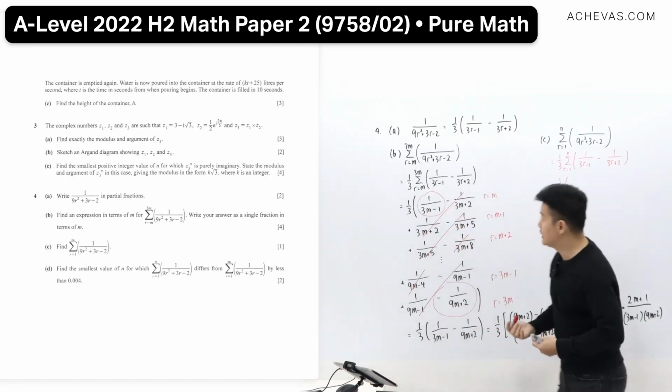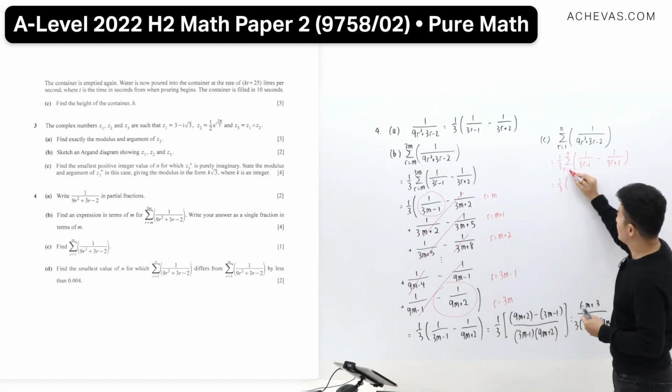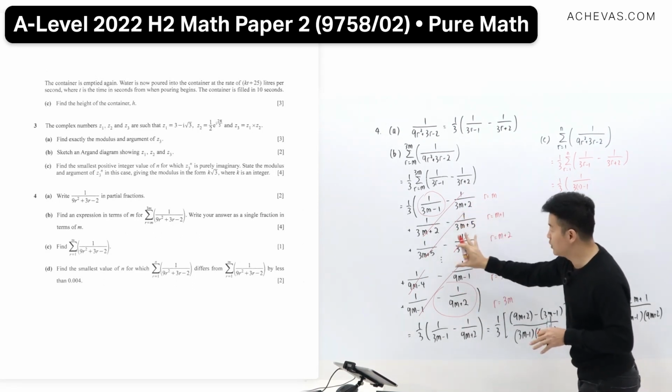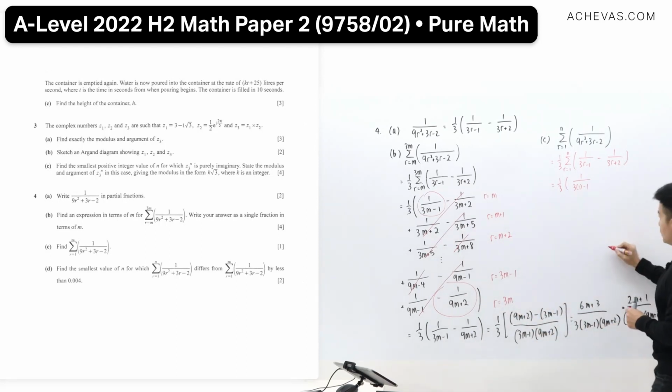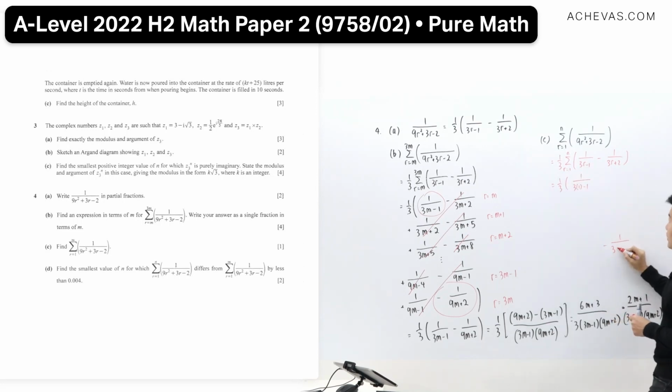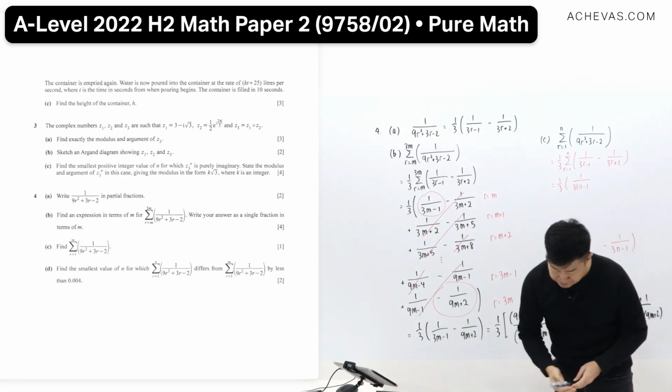So if I can imagine this, that means the first one is when r is equal to 1, which is going to be 1 over 3 times 1 minus 1. And I can go all the way until the very last term here, which will stay. In between will all disappear. So the last one is going to be minus 1 over, replacing r by n, 3n minus 1.